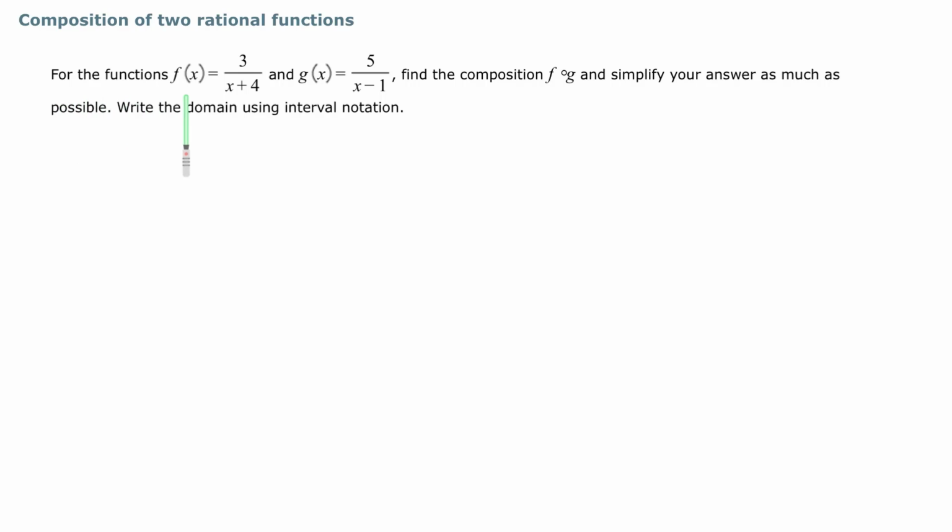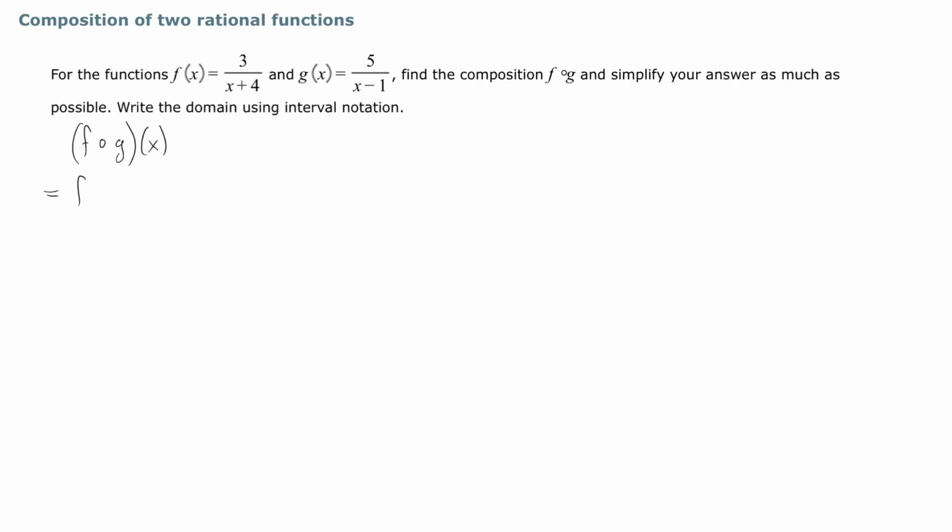For the functions f of x and g of x, find the composition f composed with g and simplify your answer as much as possible. Write your domain using interval notation. Let's find this expression, f composed with g of x.